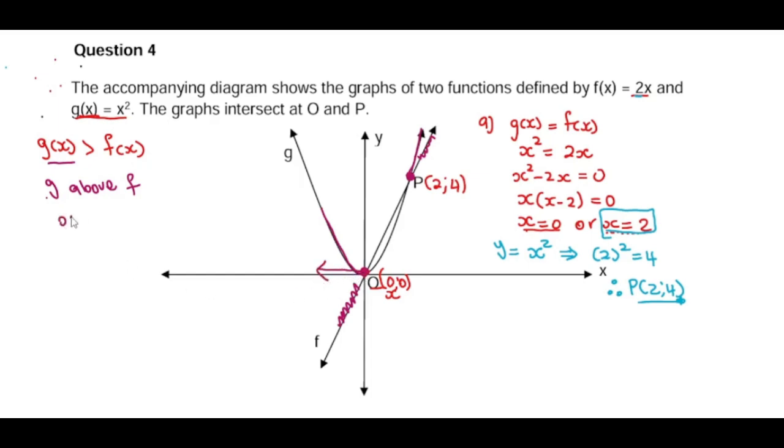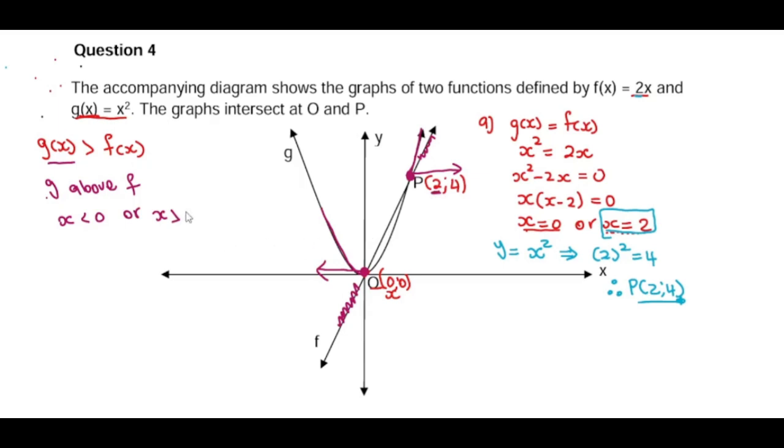So x must be less than 0. You're going to say x must be less than that x coordinate of what? Of the point of intersection. Then you do the same. It takes from this point going in that direction. So or the value of x must be greater than that x value of the point of intersection.